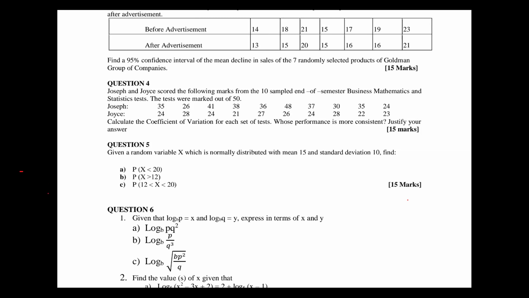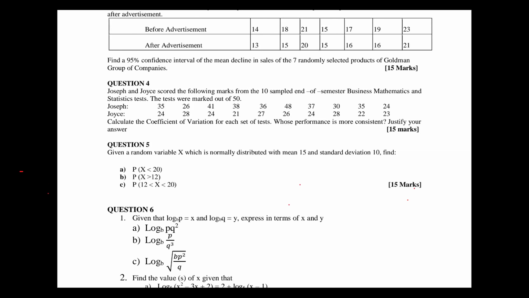The required is to calculate the coefficient of variation for each of the set of tests, and we check whose performance was consistent, and we have to justify why we say that.